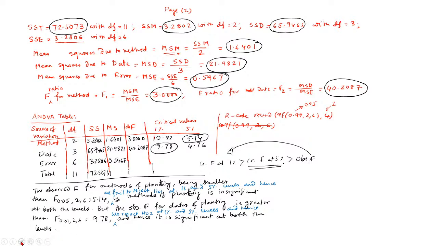And this indicates that different methods of planting affect the mean yield of sugarcane in the same manner.